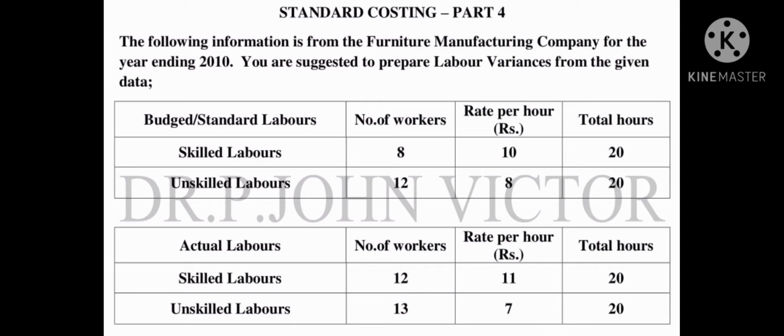These are all the information. If you understand this problem, definitely you can work out the solutions. The only newly added things are number of workers, rate per hour and total hours for both actual and budgeted. Shall I proceed to the sum?